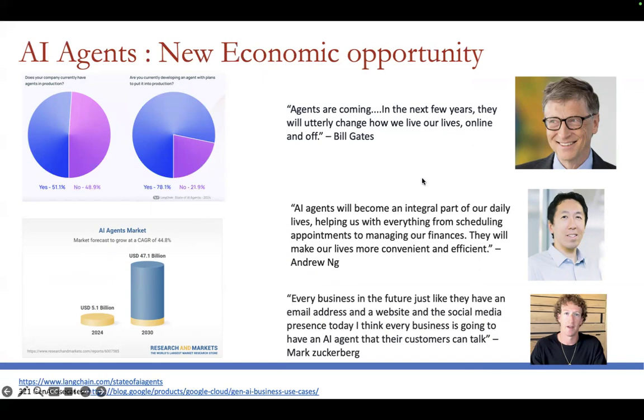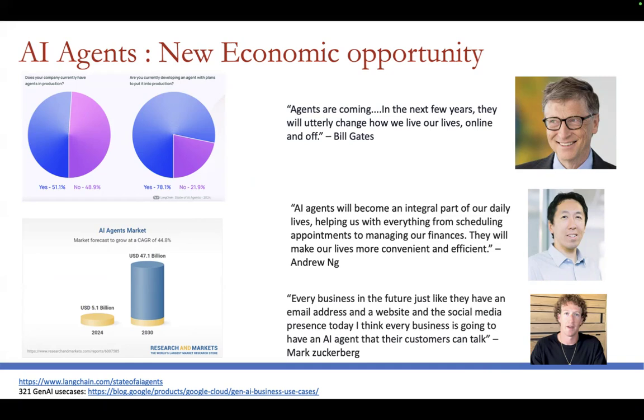There's a quote from Bill Gates saying that AI agents are going to change the way we interface with computers. Just as previously we were only using, say, the keyboard, and then the GUI came and changed the way we interacted with computers, similarly, agents are going to change the way we interact with computers.